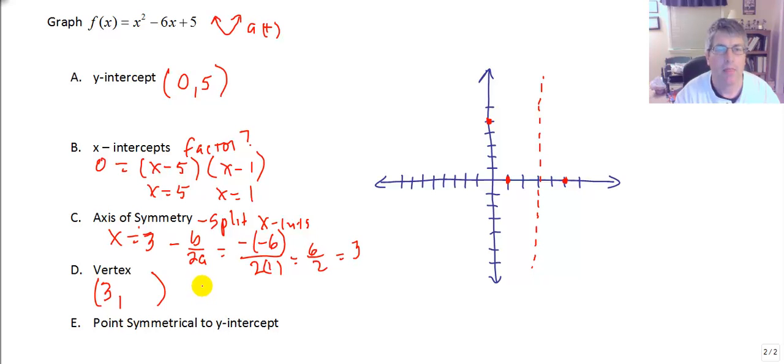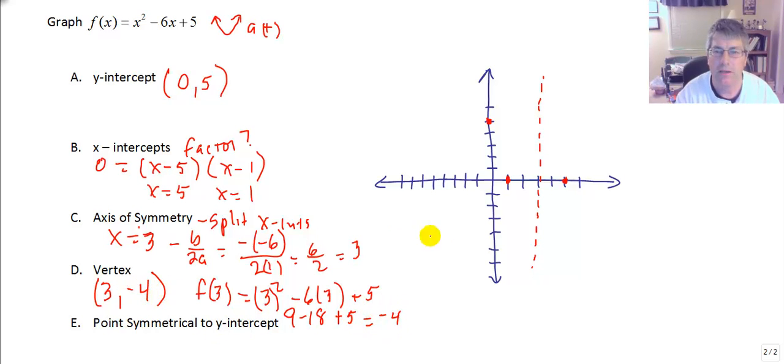And so f of 3 equals 3 squared minus 6 times 3 plus 5. So it's 9 minus 18 plus 5, negative 4. So 3, negative 4. So my vertex is down here at 3, negative 4.